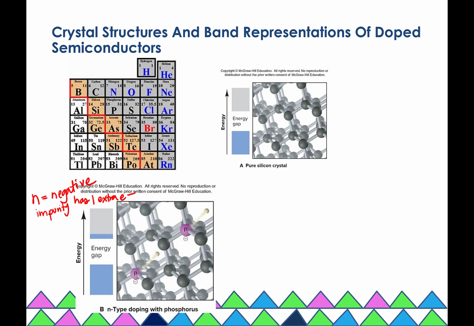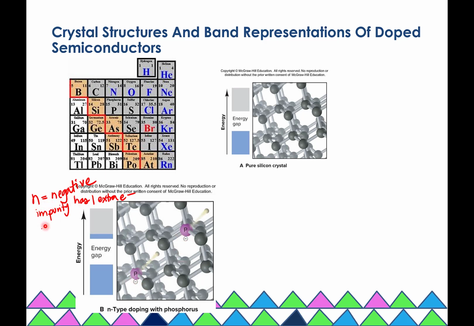So for example, if you look on our periodic table or this little cutout of the periodic table, silicon has an atomic number of 14, phosphorus has an atomic number of 15. Neutral silicon has 14 electrons, neutral phosphorus has 15 electrons. So if we dope phosphorus into our silicon array, then we're basically introducing electrons into this array.